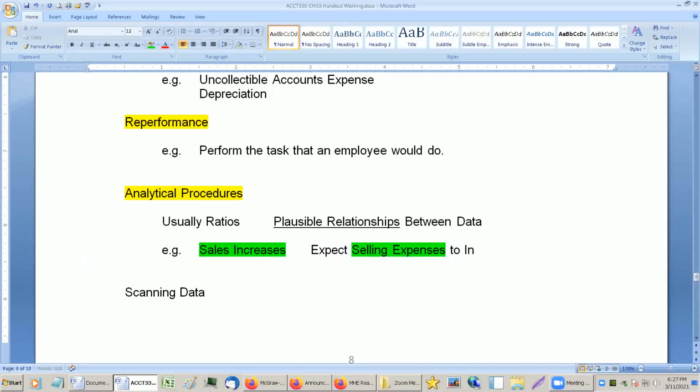Now, if they don't increase, so let's say that the sales go up and the selling expenses go down, is that evidence of fraud?